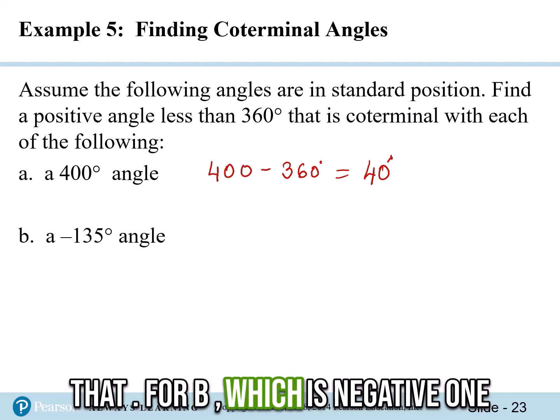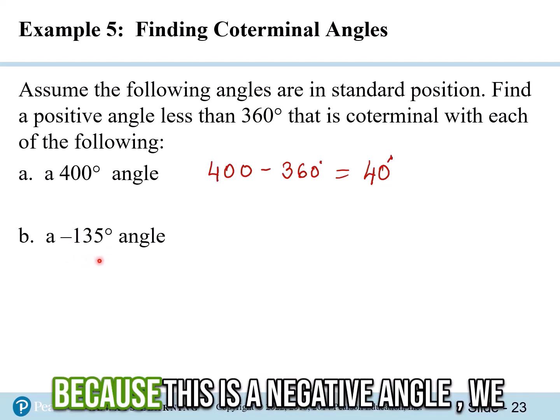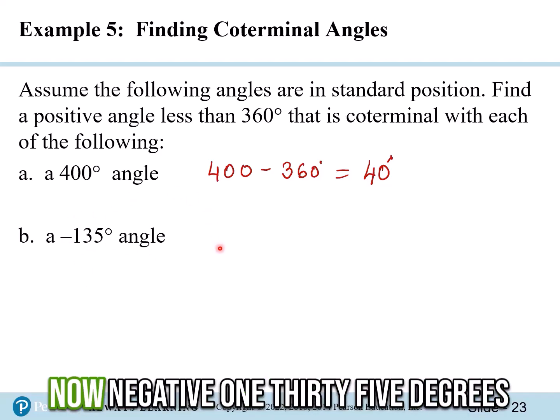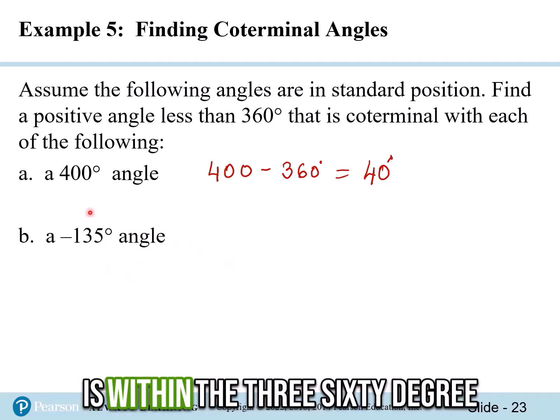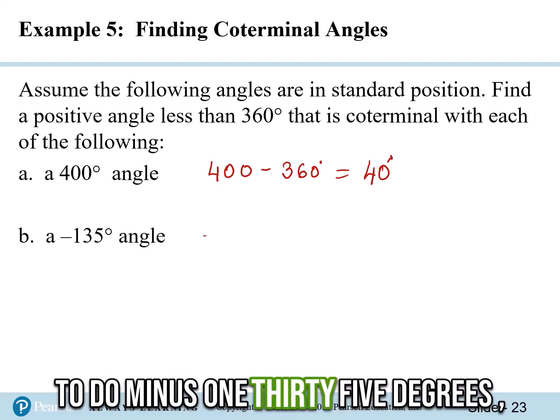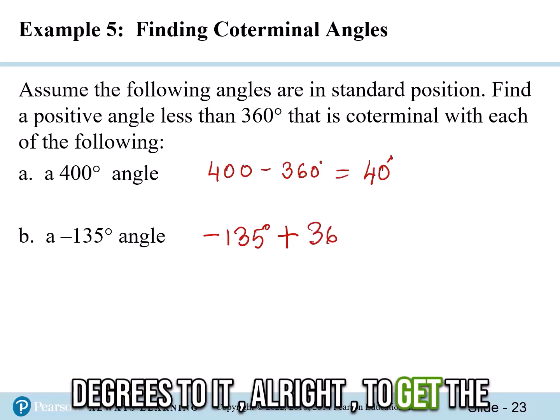For B, which is a negative 135 degree angle, because this is a negative angle, we will need to add 360 degrees. Now, negative 135 degrees is within the 360 degree angle, correct? So we're just going to do minus 135 degrees, but this time add 360 degrees to it to get the coterminal angle.